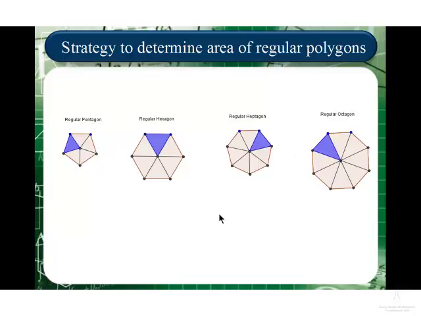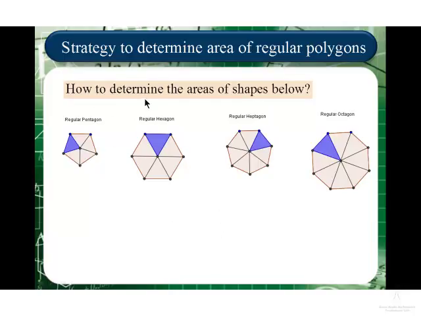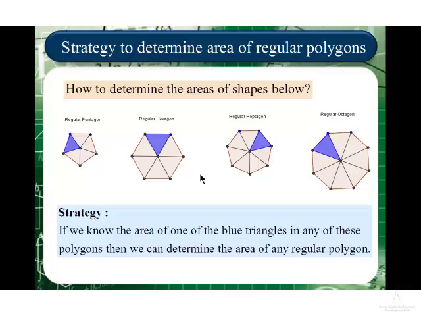Now, a question would be how to determine the areas of these shapes below, that is, of the regular polygons as indicated. A strategy in this regard may be, if we know the area of any one of the blue triangles in any one of these polygons, then we can determine the area of the respective regular polygon by just multiplying by the number of side lengths.